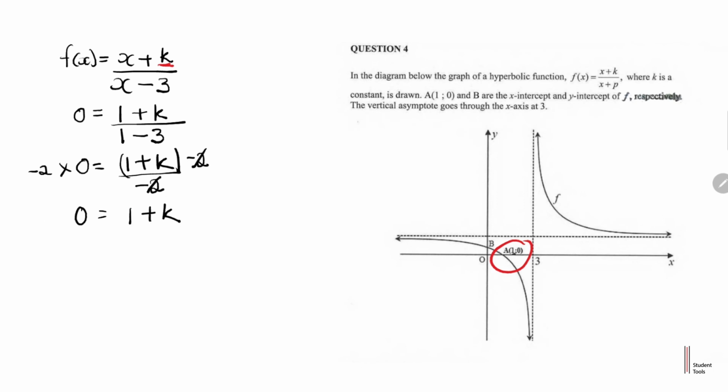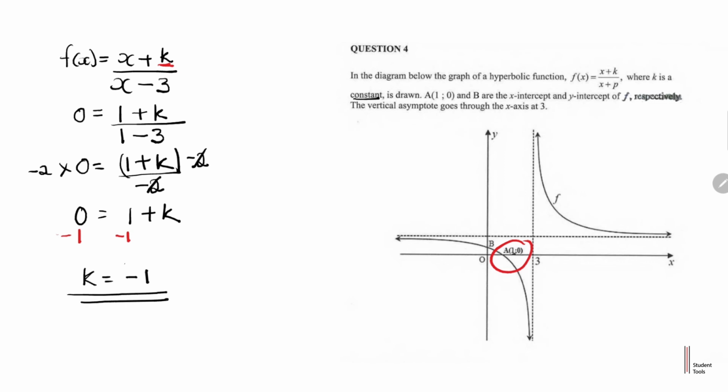To make k the subject, we have to take the positive 1 from the right hand side to the left hand side. We do that by subtracting 1 on both sides, such that k will be equal to negative 1. And that is just how we find the value of k.